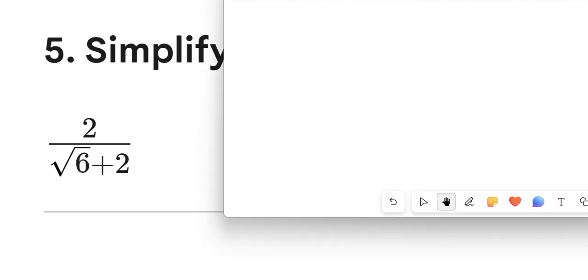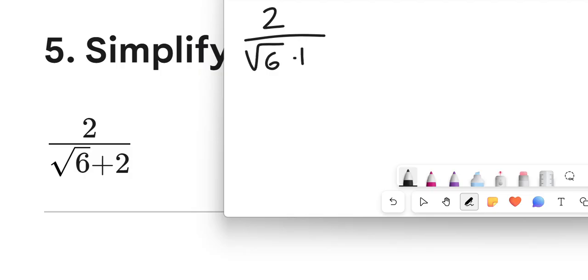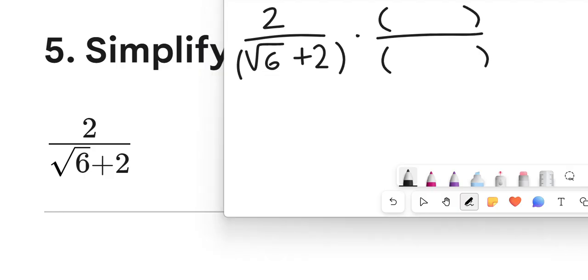Alright, now we have another one. 2 over radical 6 plus 2. We said whatever we have in the denominator, we multiply that by the same thing up and down, this time with the opposite sign. Radical 6 minus 2 and radical 6 minus 2.